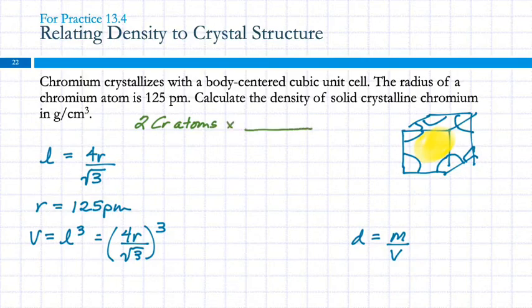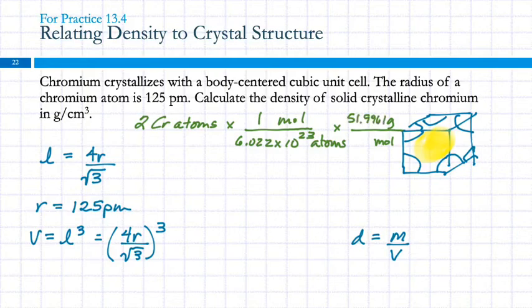Well, how many moles of chromium is that? Can we convert from atoms to moles? Sure. We need to dig out Avogadro's number. And that gives us the number of moles of chromium, and then we can use the molar mass of chromium, which we get off the periodic table, 51.9961 grams per mole.